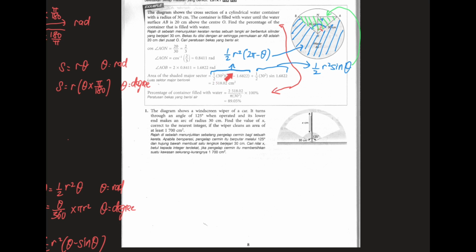So the blue region added to the green region gives the area of the shaded major sector, which means the area of the shaded region.